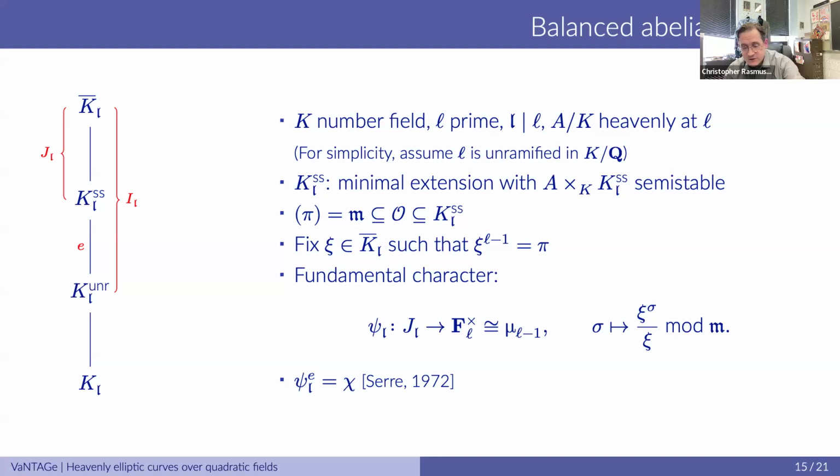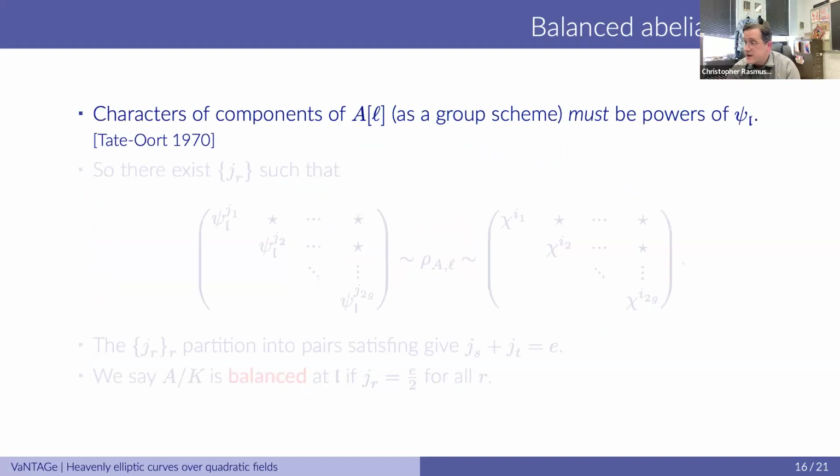And that's as far as the story goes if we don't add in the heavenly assumption. But with the heavenly assumption, there's suddenly a lot of simultaneous constraints being put on the L torsion of the abelian variety. So the characters associated to components of the L torsion as a group scheme were studied by Tate and Oort.